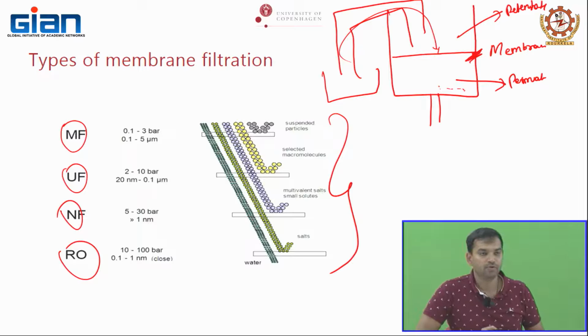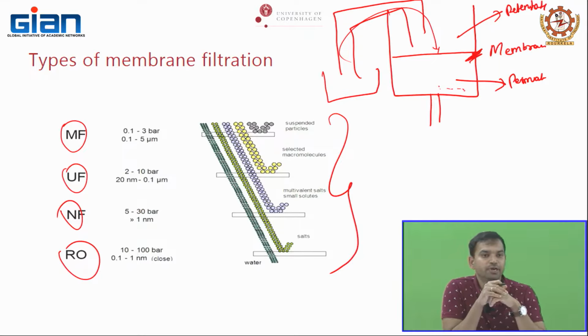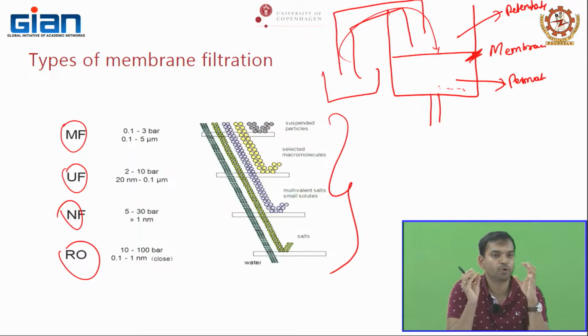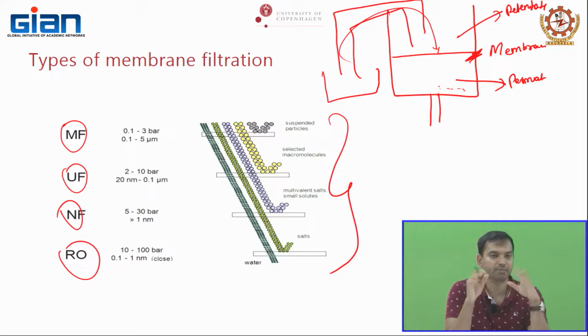Now, if you want to get only a micro particle from your protein, which filtration will you use? Microfiltration. Microparticles may be cells, protein bodies, big chlorophyll, big particles. If you want to separate proteins and something else, then you go for ultrafiltration because proteins fall in the ultrafiltration range.